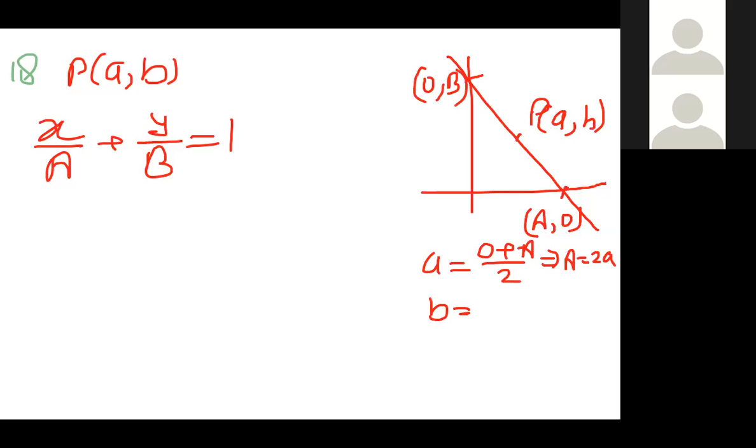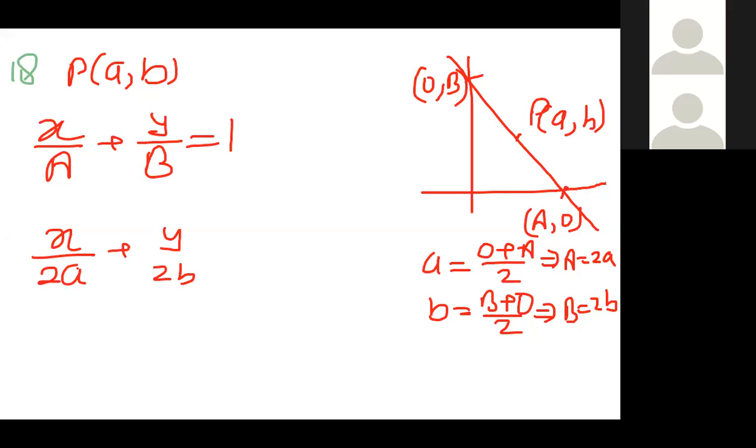B will be equal to capital B plus 0 by 2. That implies capital B equals 2B. The values of A and B we need to put over here. So it will be x upon 2A plus y upon 2B equals 1. Multiply both the sides with 2.